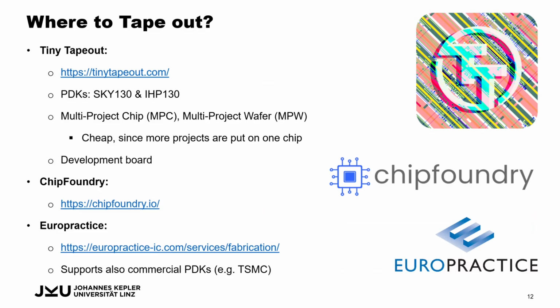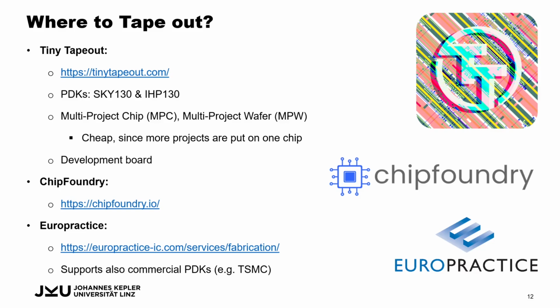And now the question is, when we have a design, where to tape out. So we can, for example, use Tiny Tapeout. This is increasingly popular and is maintained by Matt Venn. We have the opportunities for the Sky130 and for the IHP 130 PDKs here. And Tiny Tapeout is a multi-project chip.